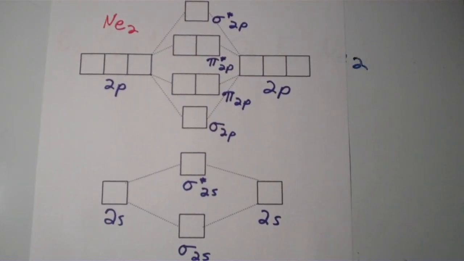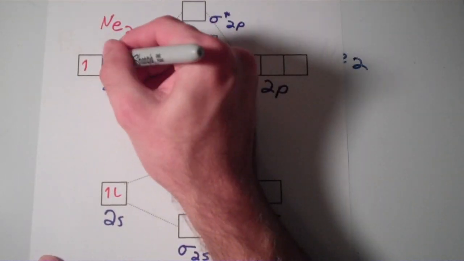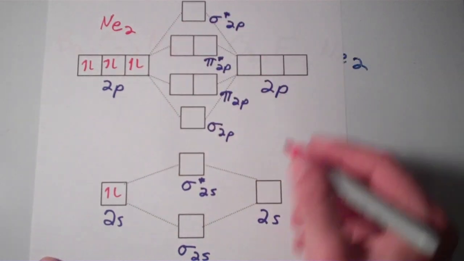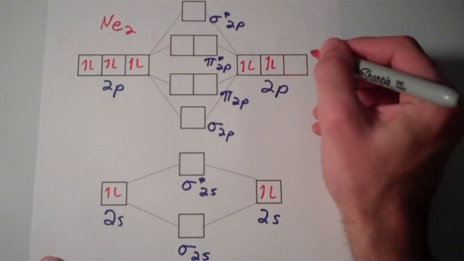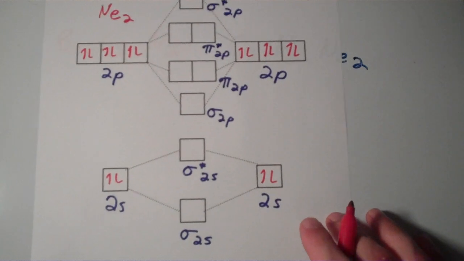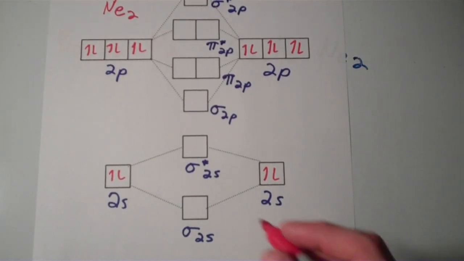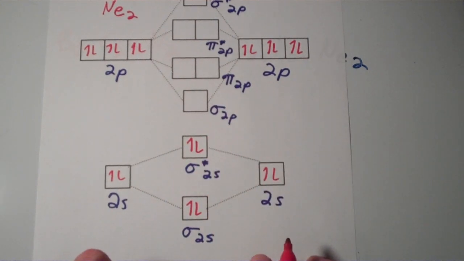So neon has 8 valence electrons, so that means that all of these are going to be full. All of the p orbitals and all of the s orbitals in the valence shell of neon are full, which I think is one of the definitions of a noble gas, so that makes sense so far. When we start adding the electrons to form the molecular orbitals, as always, the sigma 2s and the sigma 2s star are going to fill up.